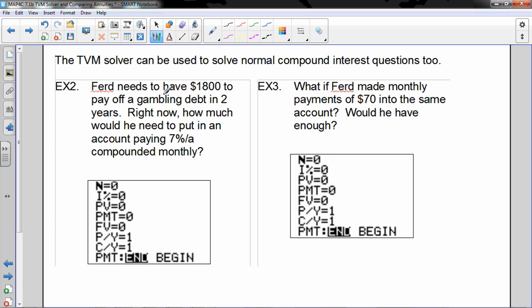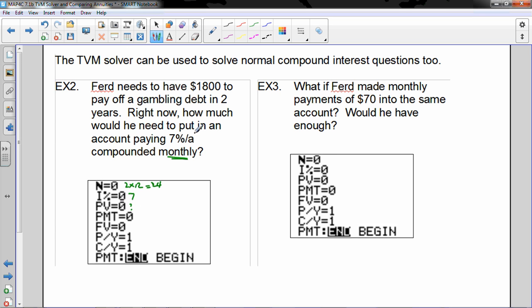Okay, well, let's go through this and figure out what's what. N is the number of periods, right? It's 2 years, but monthly is 12 times a year, so 2 times 12, that's 24 we're going to put in there. The interest rate was 7%. The present value, that's what we want to find, right?